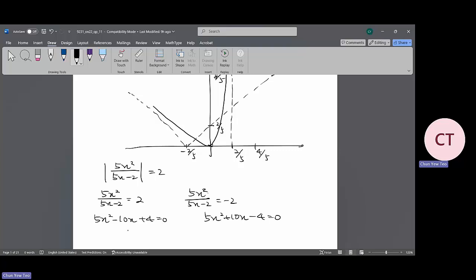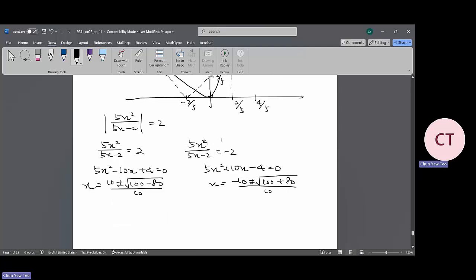Over here, we need to use the quadratic formula: negative b plus minus the square root of b squared minus 4ac, divided by 2a. This is also the same.